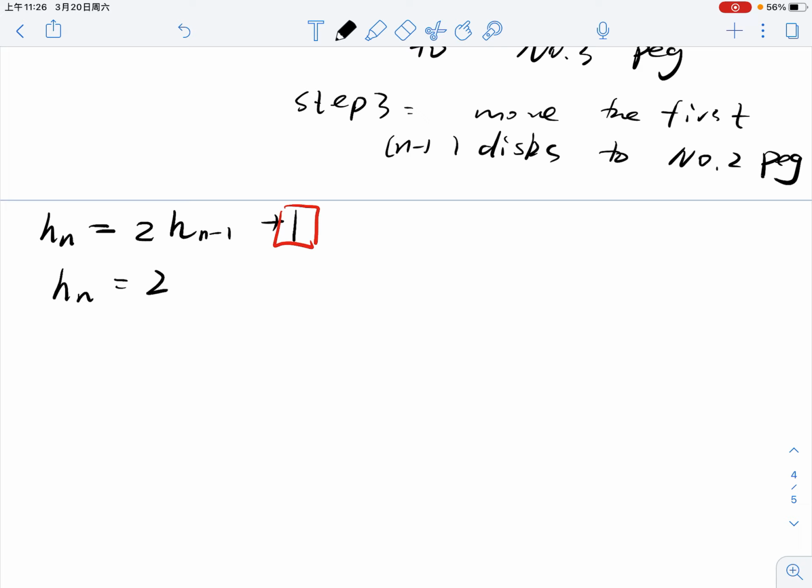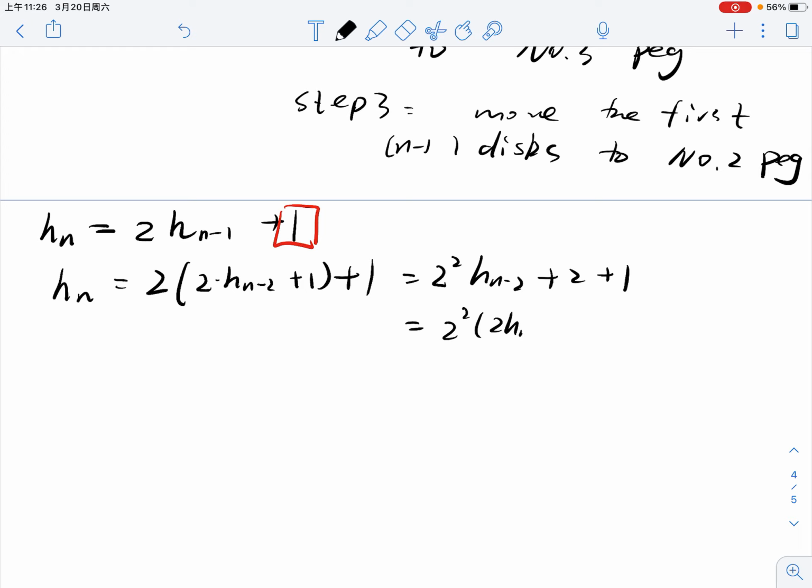So this will be 2 times (2H(n-2) plus 1) plus 1. And therefore it's 2 squared H(n-2) plus 2 plus 1. And if you further plug in, this will be 2 cubed H(n-3) plus 2 squared plus 2 plus 1.